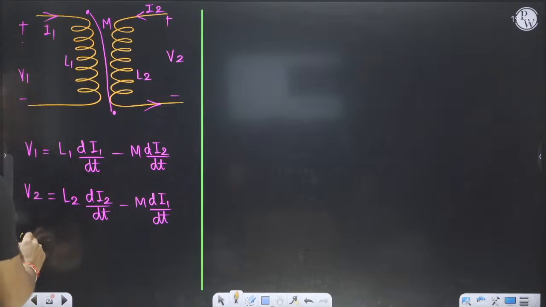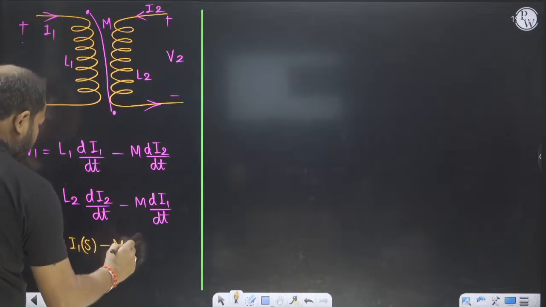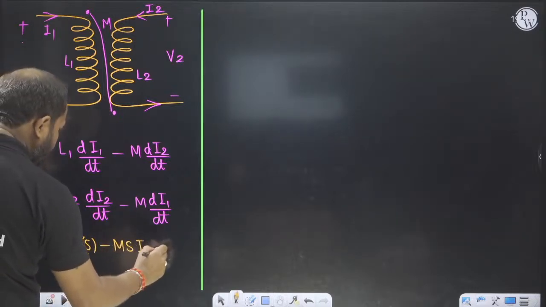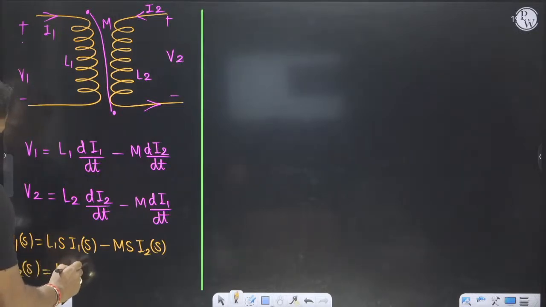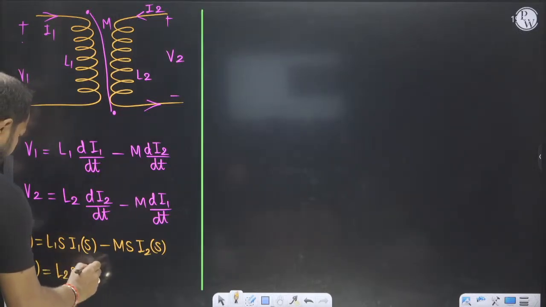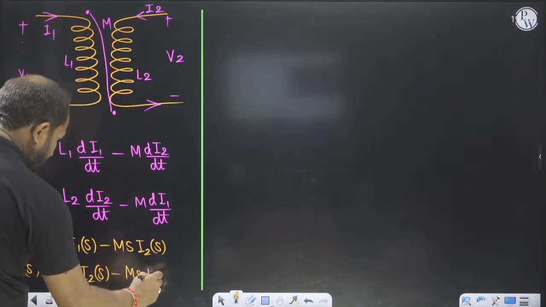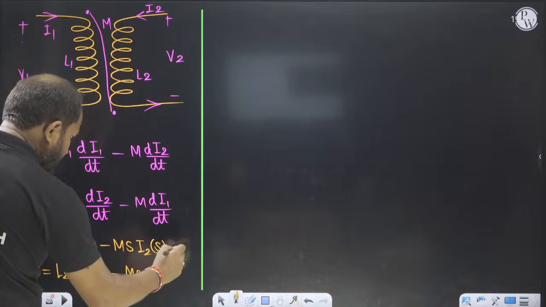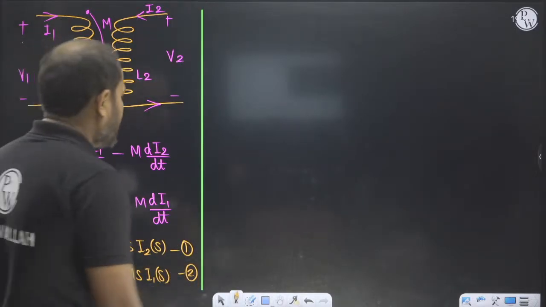So V1(s) equals L1 s I1(s) minus M s I2(s), and V2(s) equals L2 s I2(s) minus M s I1(s). This is equation 1 and this is equation 2.